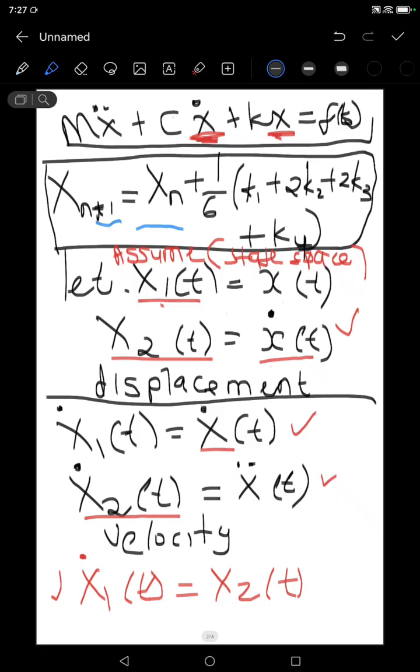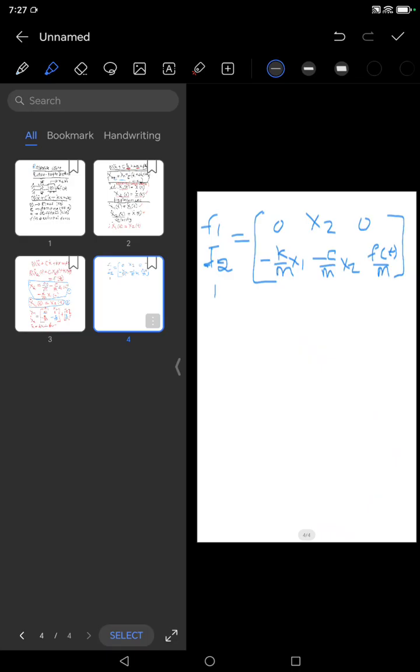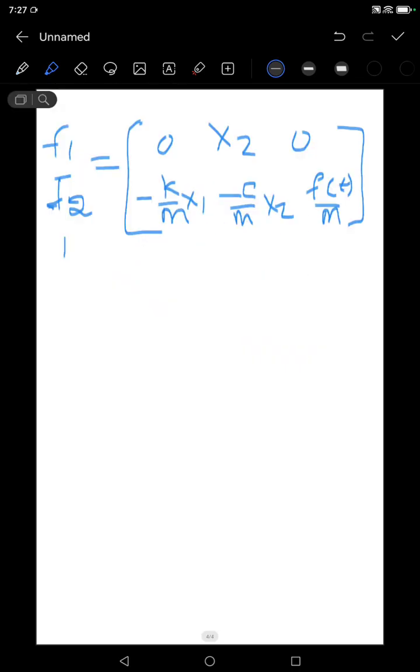Now we can use it after getting the matrix. After getting our matrix table, we're going to use this matrix to get the response using Runge.